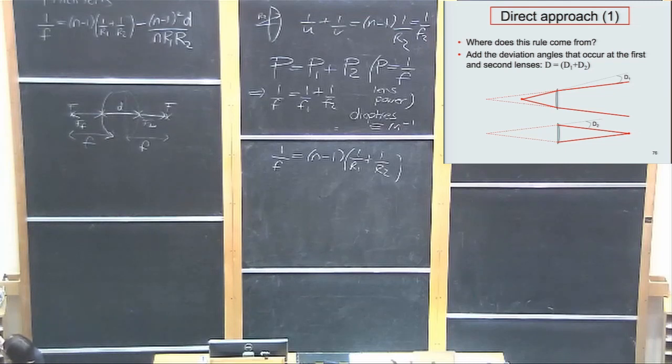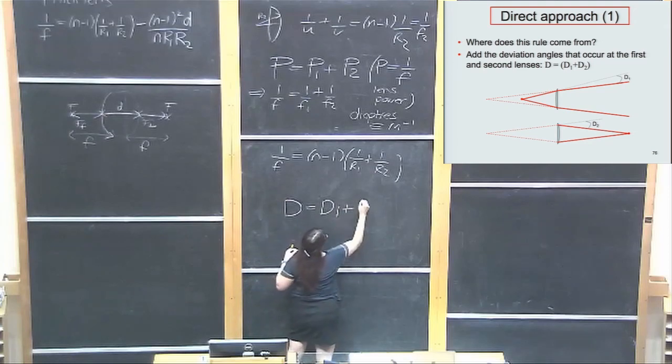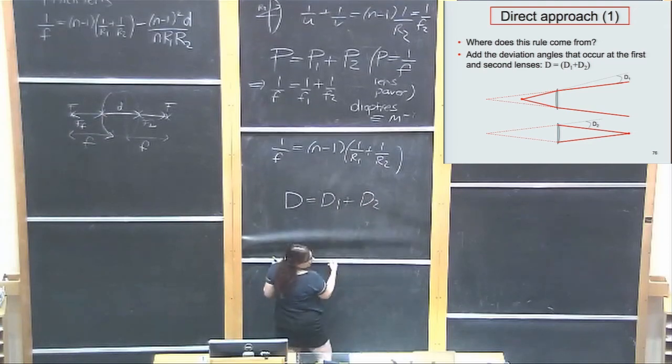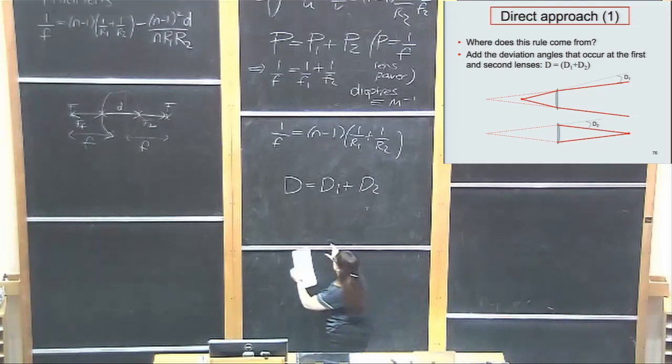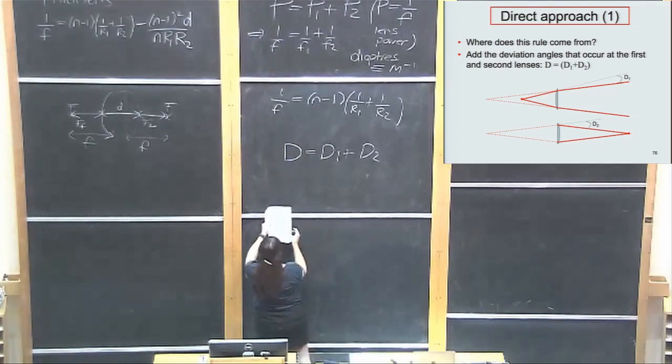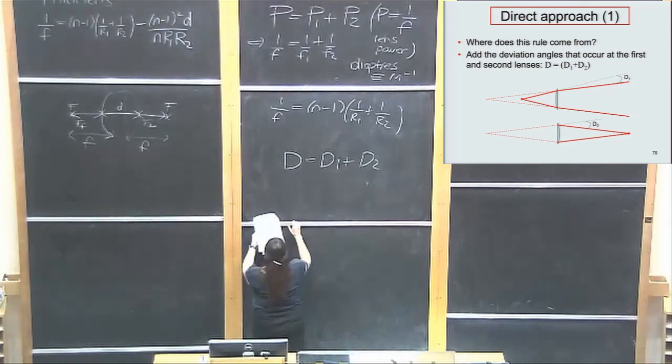Remember, we're in the thin lens approximation, so essentially putting these lenses side by side, they're actually in the same place. So it's just D1 plus D2 that is going to be our total deviation angle. And then we have to go back to yesterday's lecture or even last week to remind ourselves of the relationship with the deviation angle.